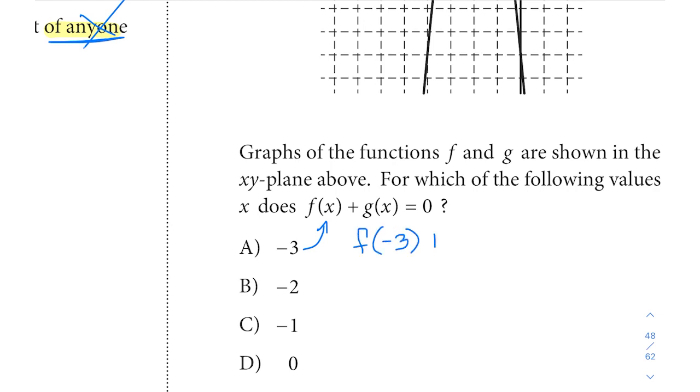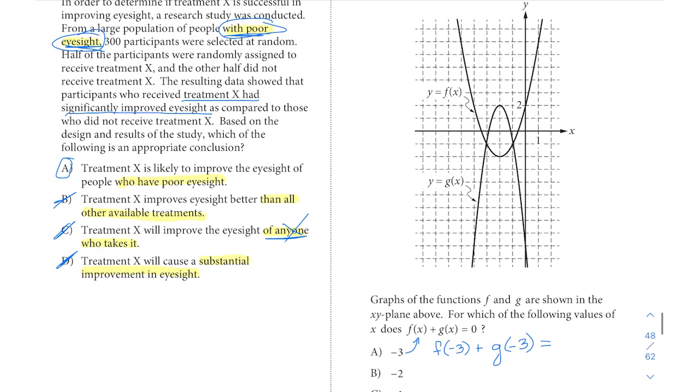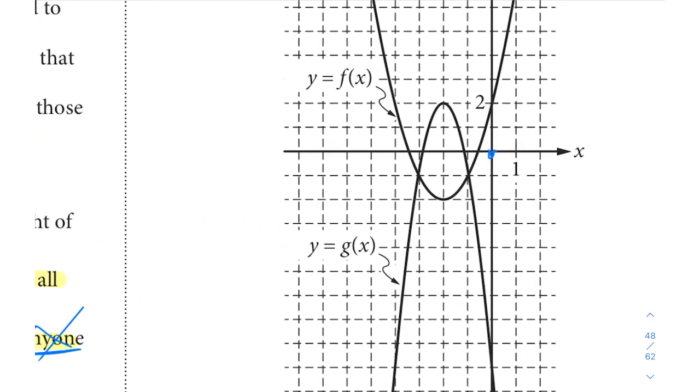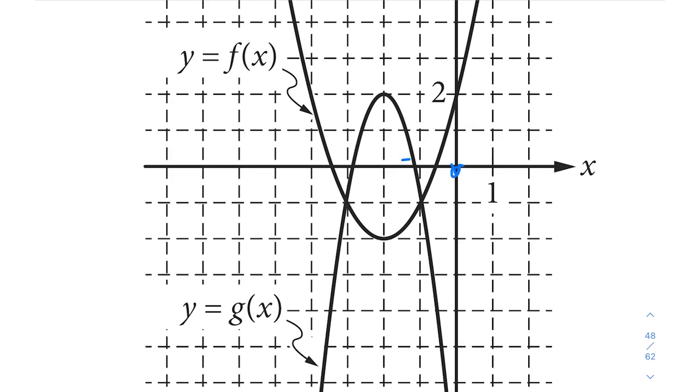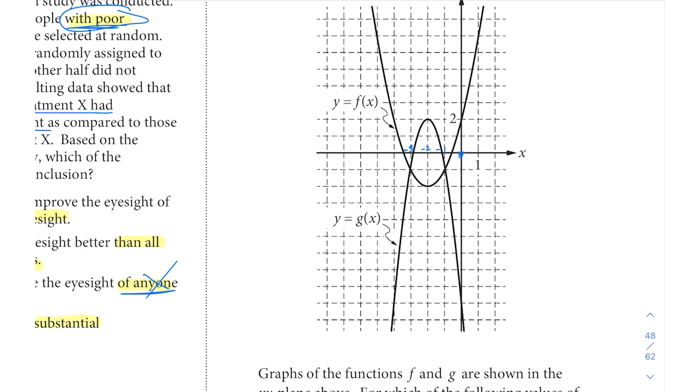So for example, answer choice A would be like saying f of -3 plus g of -3, and we want to see if that's going to equal 0. So let's see if we can figure out values for f of -3 and g of -3. If we look at our graph, I'm going to label these because we'll need them for the other questions: -1, -2, -3 right there.